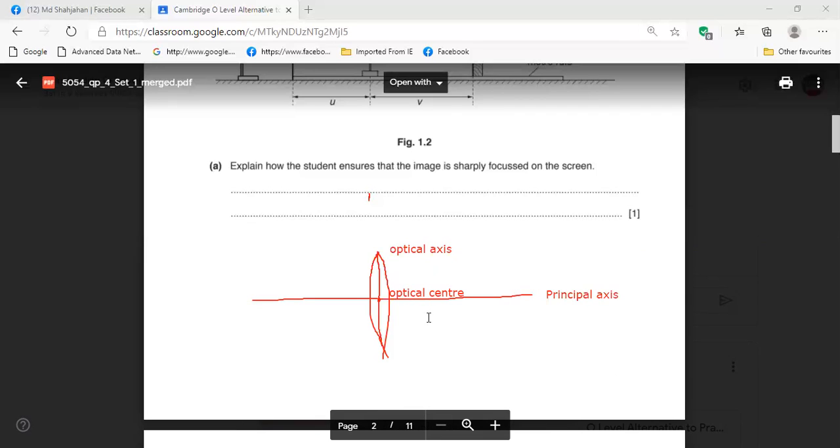Now, if we have some rays coming from far away, those rays we are considering coming from far away are parallel to the principal axis. These rays are coming parallel to the principal axis.